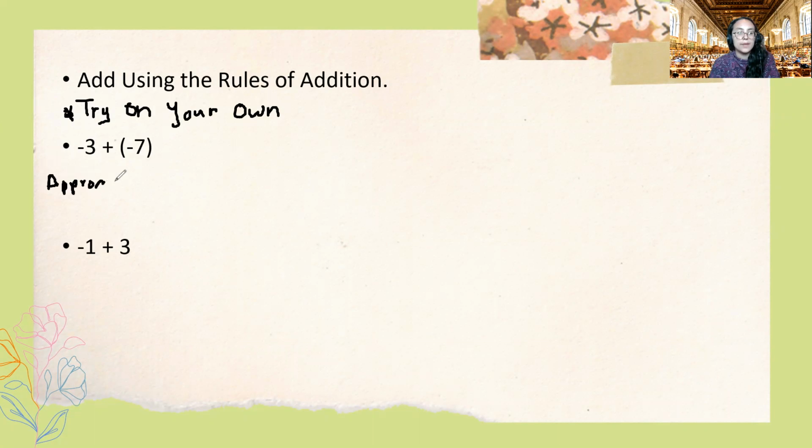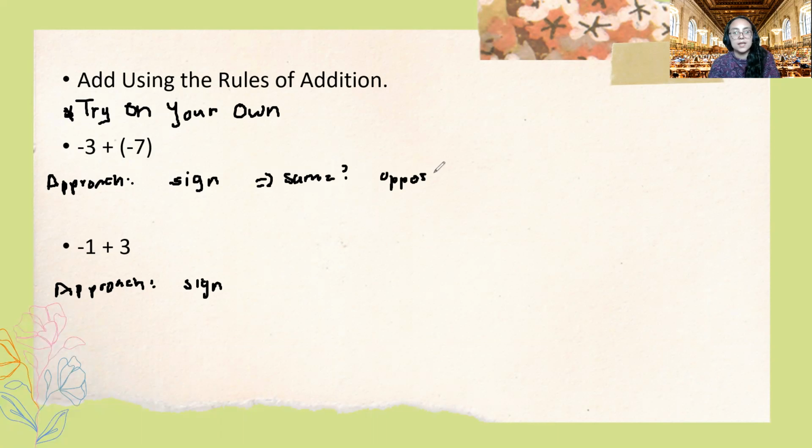I want you to think about what kind of sign they have, and then take the absolute values and do what you need to do. Here as well, what kind of sign do they have? Is it the same? Is it the opposite? And this will really guide you to what you need to do next, okay?